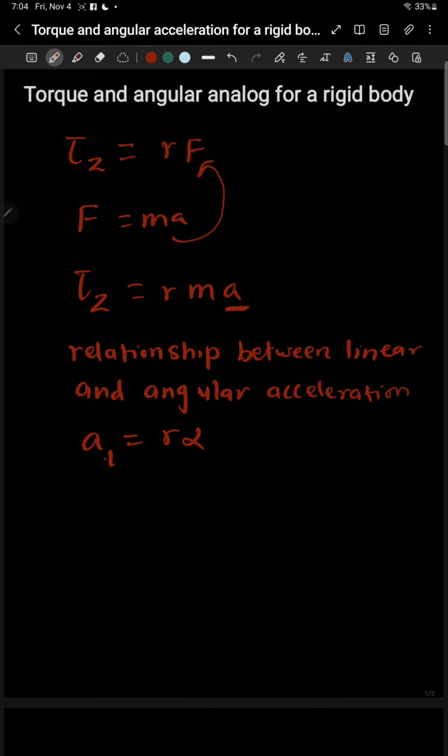So this is actually the tangential acceleration, which is equal to r, the radius of the circle in which the object is rotating, and alpha is the angular acceleration.